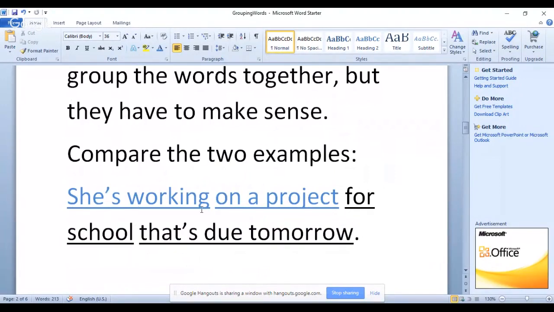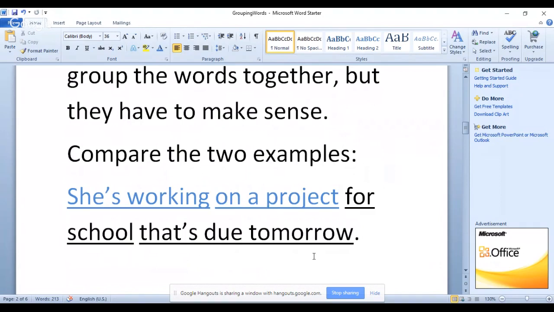I've underlined the words that we're going to group together. I've highlighted this blue part here because I feel that she's working on a project, I think we say all of that together. If we dissect it even further: she's working on a project for school that's due tomorrow.